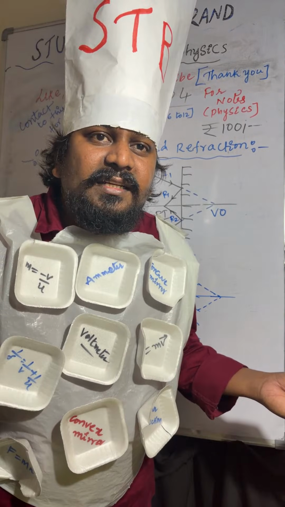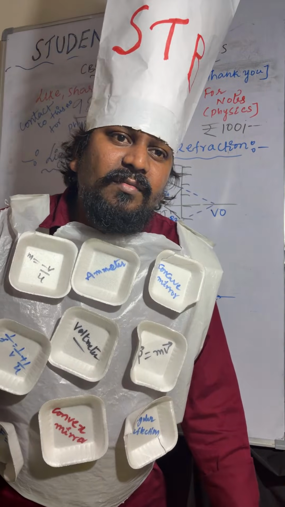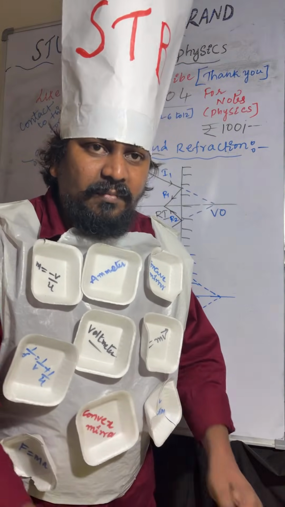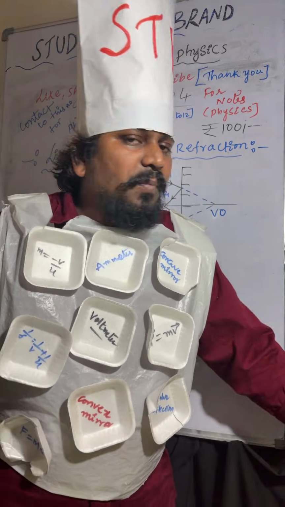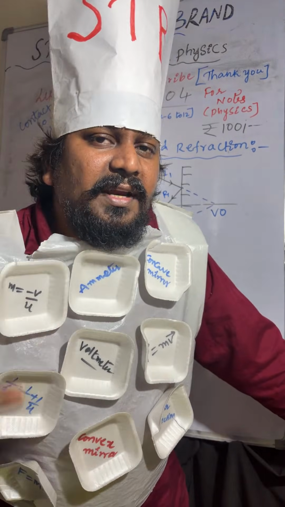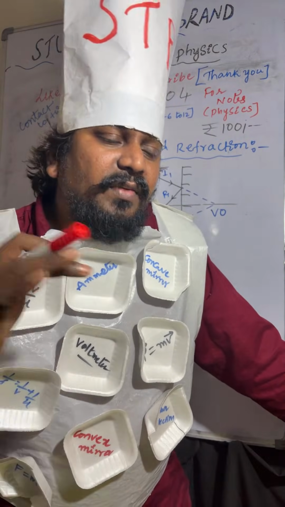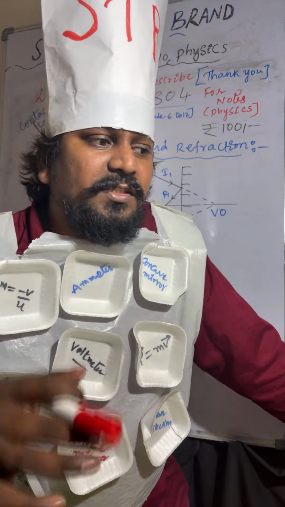What type of image is it? A virtual image. What is the definition of a virtual image? The point of intersection of extended reflected light rays is called a virtual image.